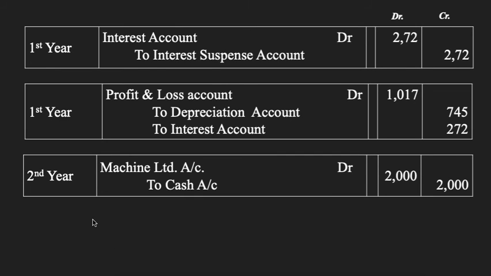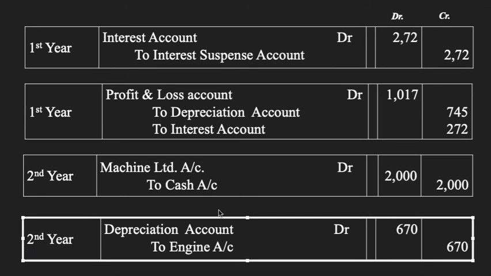And in the second year, there is a reduction in the value of the asset by 670 rupees. So this is an expense and is going to be recorded: depreciation account debit to engine account, as we are providing depreciation on the asset, and the amount is 670 rupees.